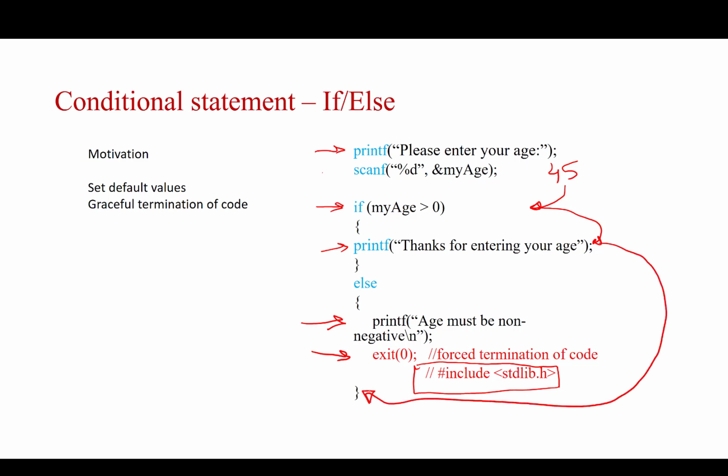So if the age is greater than 0, I will go to the statement of this if condition, right? And skip the else because I already have a condition which is satisfied. I will skip the else and jump directly to outside of this conditional statement and go directly to the next statement, which here is just terminating, for example, the main function.